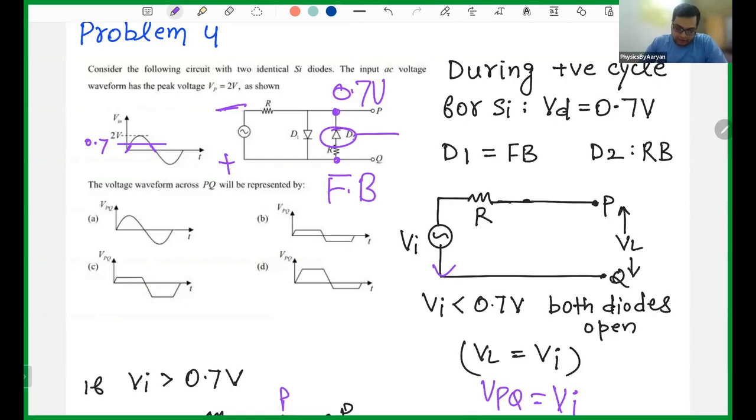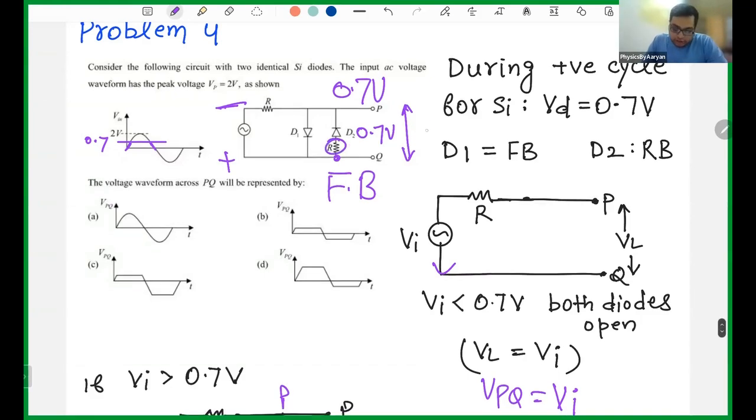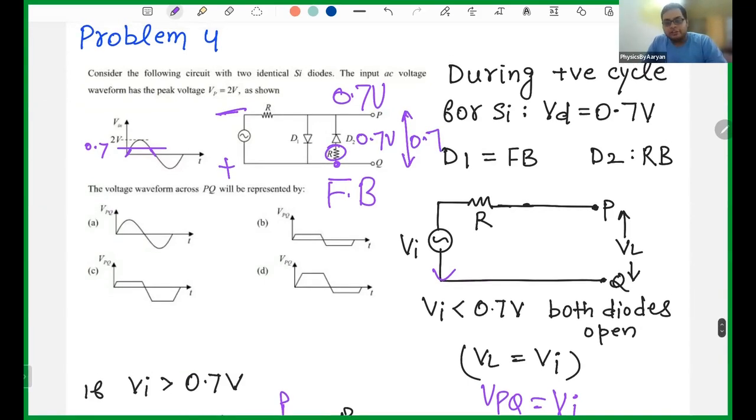So in order to make this diode forward biased, I should have 0.7 volt across this diode. But let's say I'm applying 1 volt here. Then only 0.7 will go here and 0.3 will go here. I cannot do it like this: I am applying 0.7 volt here, then all of it will not go here. Some will go here as well. So let's say 0.4 will go here and 0.3 will go here.